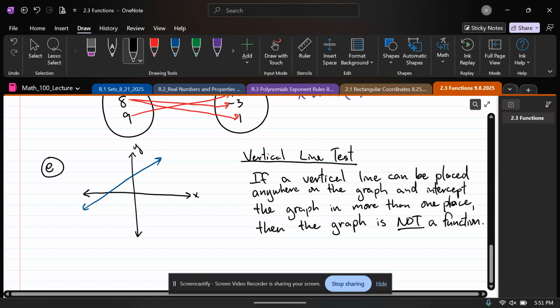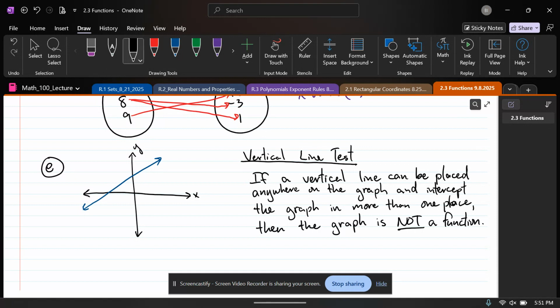So what I tend to do is just lay my pencil on there. I've got a big screen, so I've got a big pencil here. So if I lay that on there, how many times is that ruler running into that graph right now? One. So I'm going to move it somewhere else. What about over here? What about here?